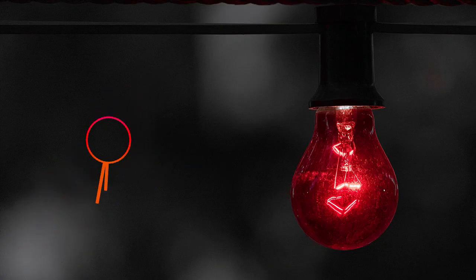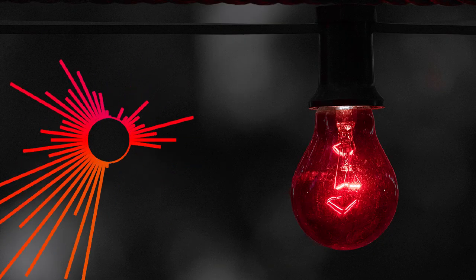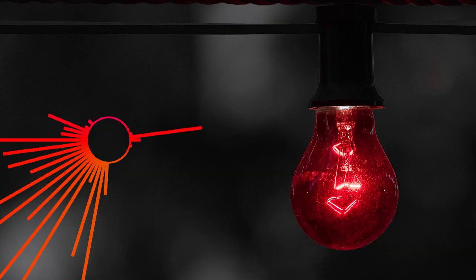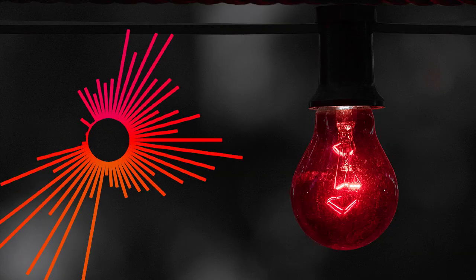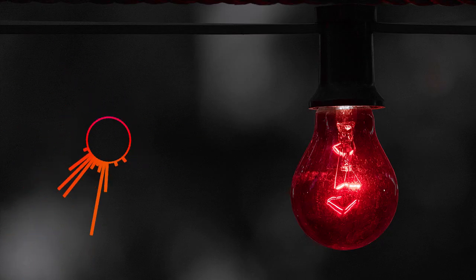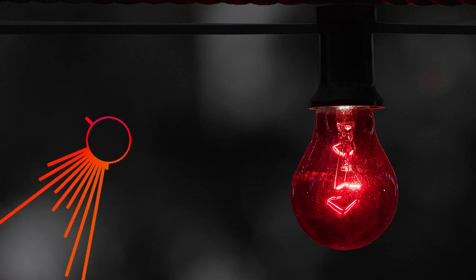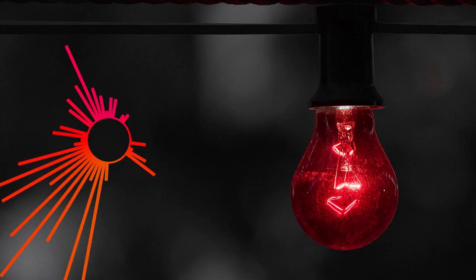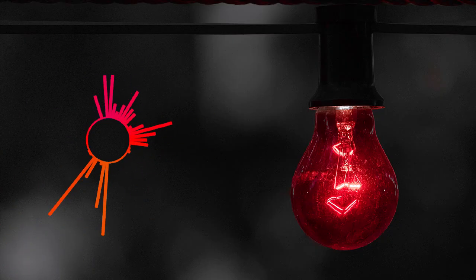But here's the thing, LEDs are not just better bulbs, quote unquote. They are a completely different kind of technology, and if you're going to install, troubleshoot, or design lighting systems, you need to understand how they work and how to choose the right one for the job.